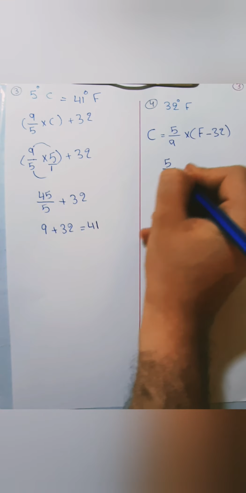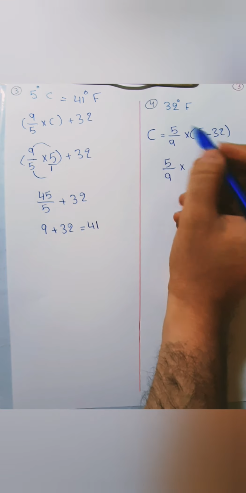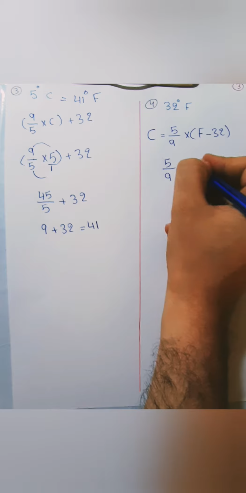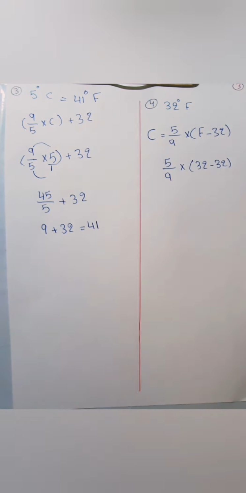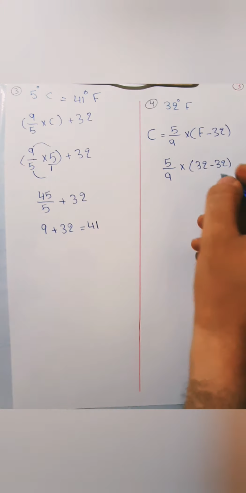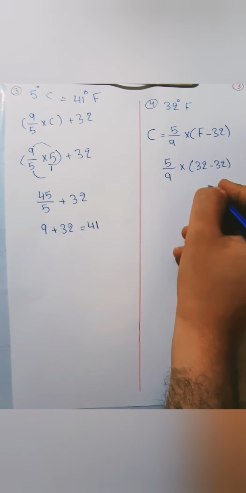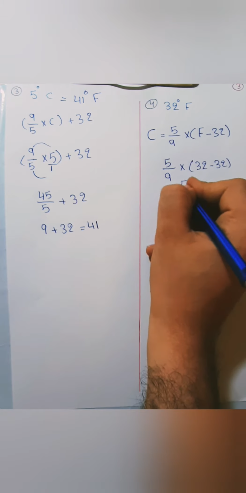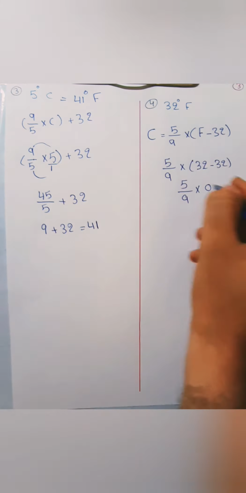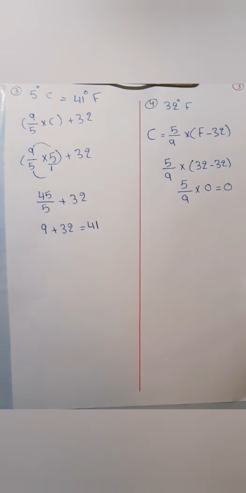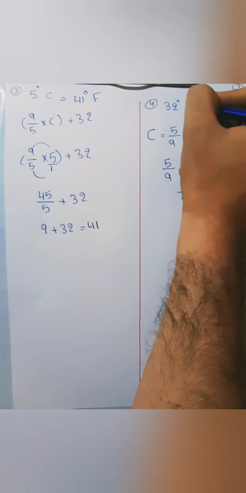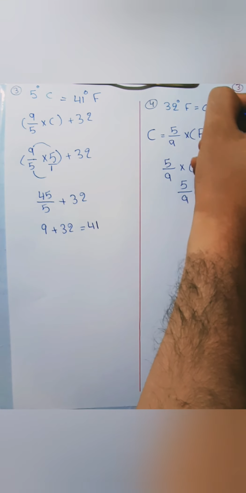We have to write 32 instead of F. Now the operation inside the parentheses is 32 minus 32 equal to 0, times 5 out of 9. 5 out of 9 times 0 equal to 0. So 32 degrees Fahrenheit equal to 0 degrees Celsius.